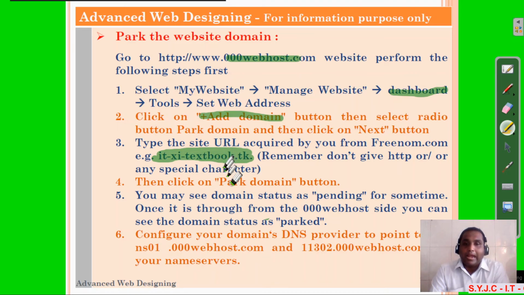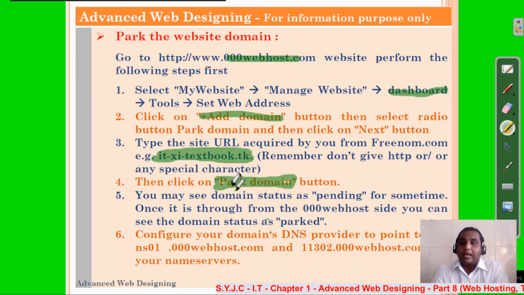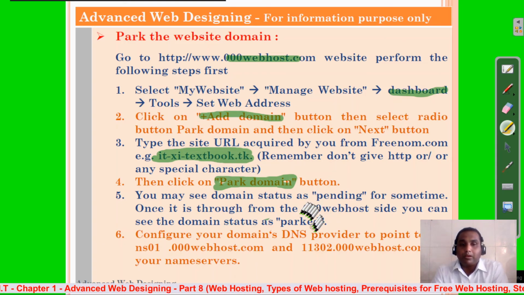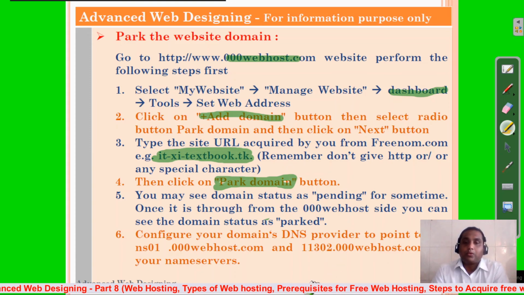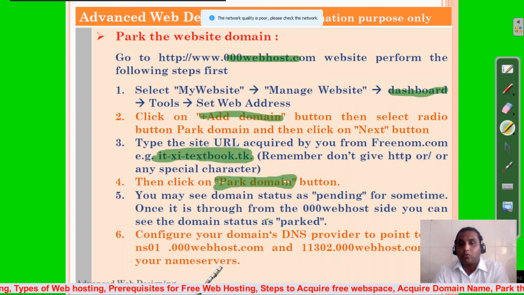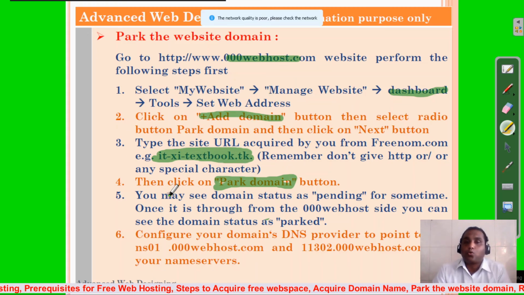When I add it, I have an option called park domain. Parking means linking. I link both of them, and once I link it, people will be able to see my website on the internet. It is so easy.